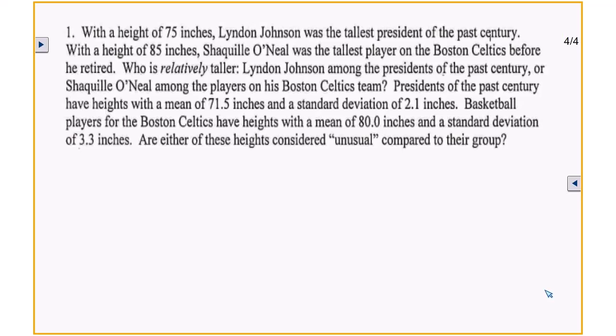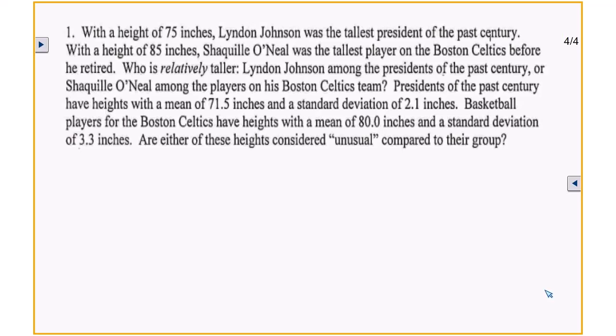Then he's the tallest. Obama was 6'1". Most of the other ones were 6'1" or 6'2". So 75 inches, is that 6'3"? 75 would be 6'3"... 6'4"? Okay. Well, anyway, that's dang old tall.